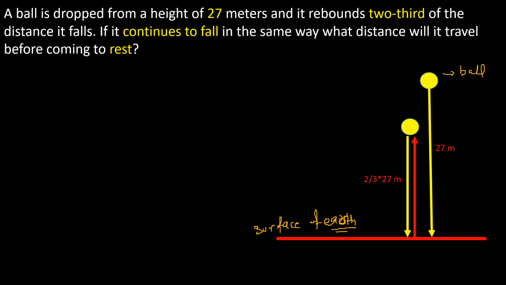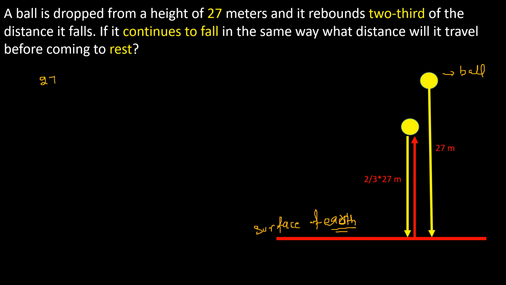So if it rebounds, then it will come back as well. So what distance will it travel before coming to rest? So in this way it continues to rebound, and how much distance will it cover before coming to rest? First of all we have to look at what distance it is actually covering.